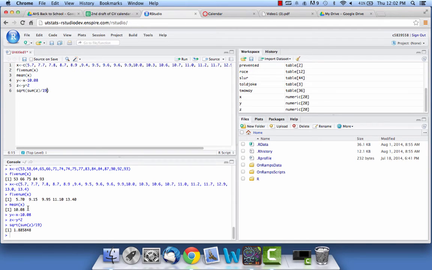The IQR is 11.1 minus 9.15, so that's 1.95.